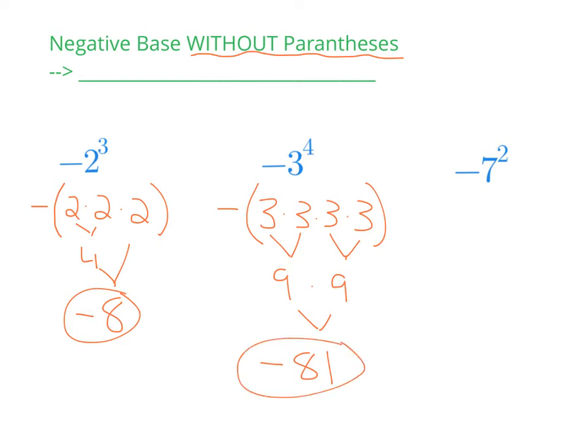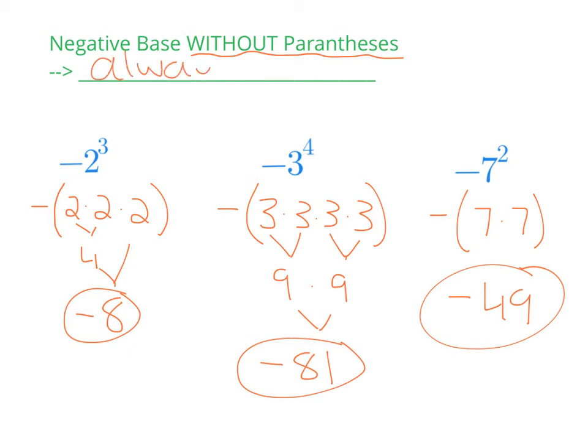Alright, last one. Negative 7 times 7. So 7 times 7 is 49. Bring the negative down. So what I want you to notice is the base is negative and there are no parentheses. Your answers are always negative.